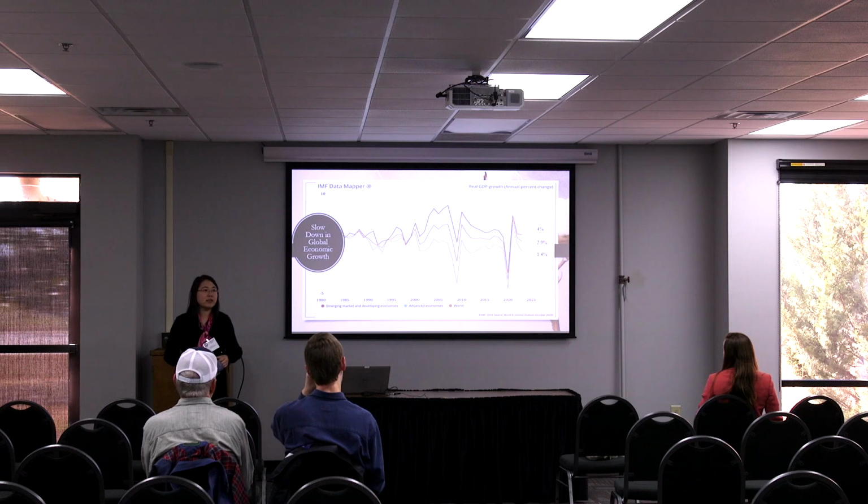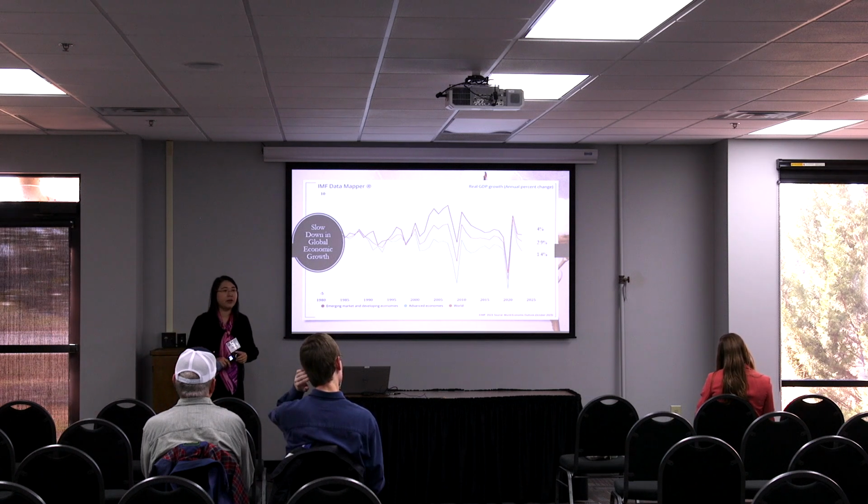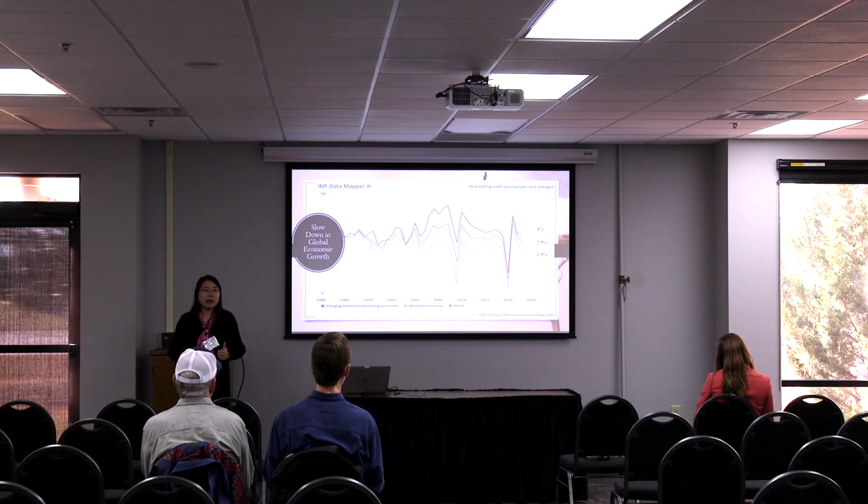What this graph is showing is that every year the IMF gives an economic forecast for the coming year in April as well as October. This one is from October. The number has been adjusted down from their April forecast. So the IMF is projecting that economic growth is going to slow down this year.